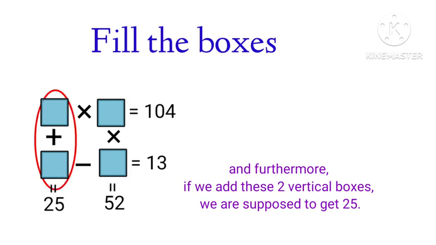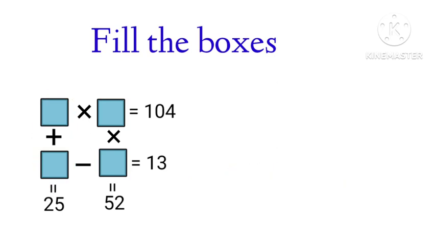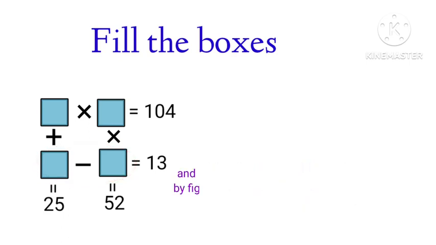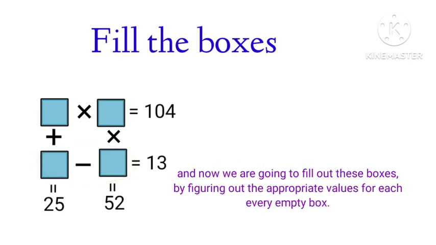Furthermore, if we add these 2 vertical boxes, we are supposed to get 25. And finally, if we subtract these 2 horizontal boxes, we are supposed to get 13. Now we are going to fill out these boxes by figuring out the appropriate values for every empty box.